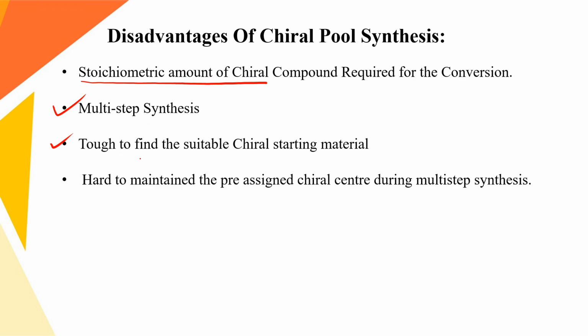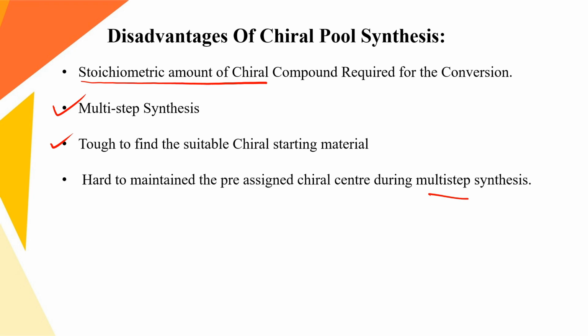So it is very hard to find the suitable chiral starting material for generating a product, and it is also hard to maintain the pre-assigned chiral center during multi-step synthesis, because if you use a different reagent, it may alter or destroy the chiral center that you want to preserve.